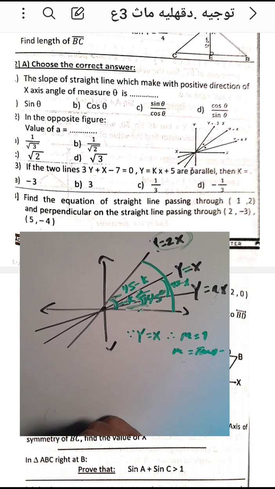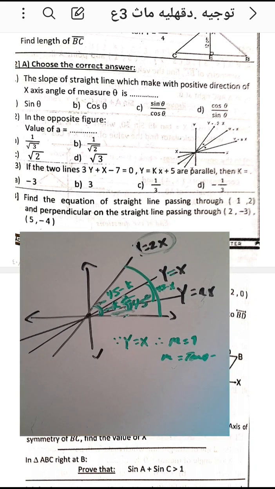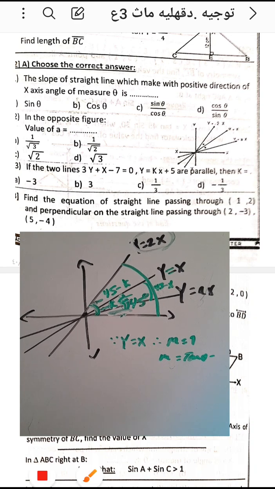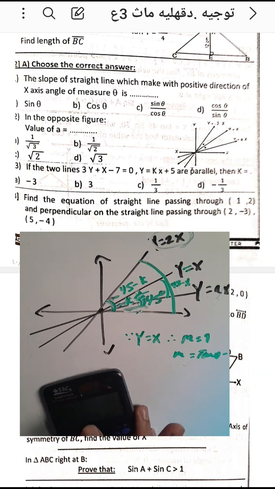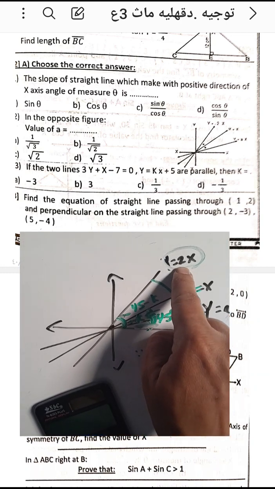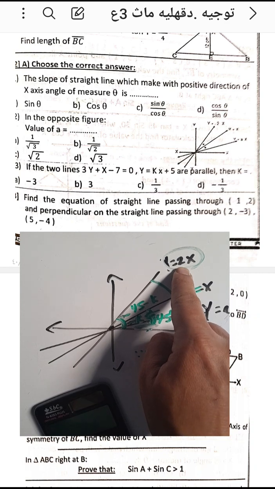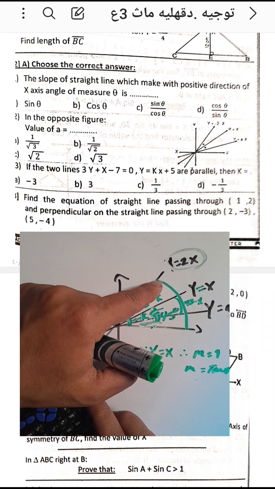Do you want to find a slope of x? Use a calculator to find this angle, because this angle here, we can write shift tan 2 to find these angles, from this part to this part.